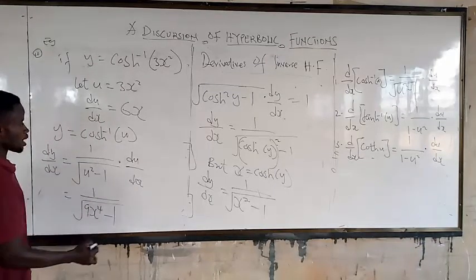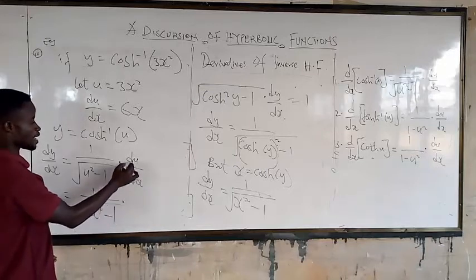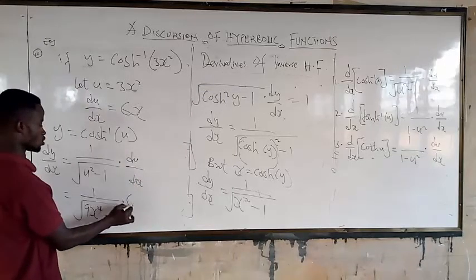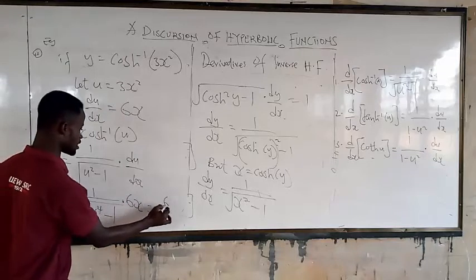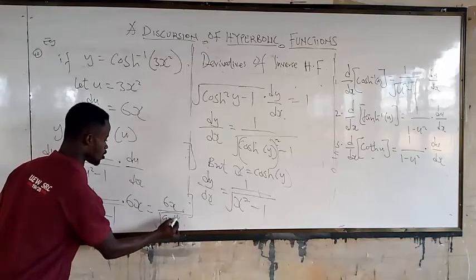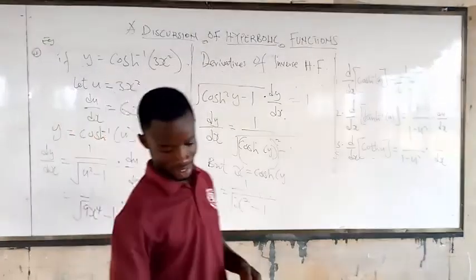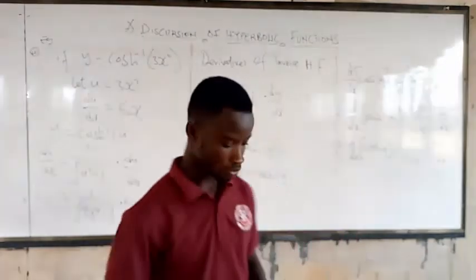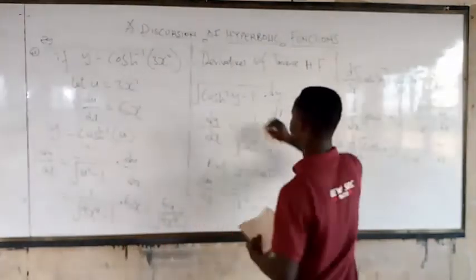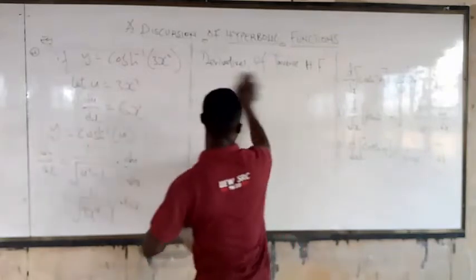So we get minus 1. Good. So that's what we have for this. Then we multiply by du/dx. du/dx is what? 6x. And we get 6x over square root of 9x to the power 4 minus 1. So that is the derivative of cot inverse of 3x squared. Beautiful. Let's look at our second example.